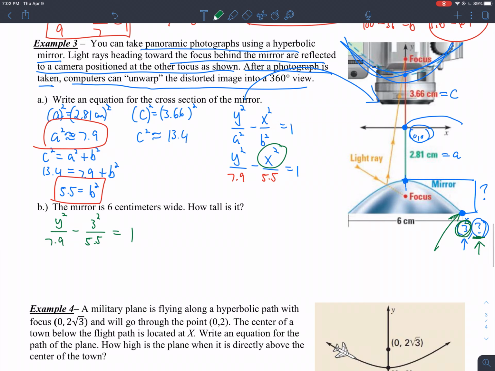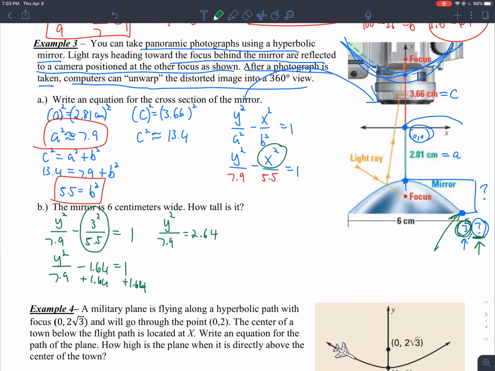So if I do this, I get y squared over 7.9 minus, if you do the math here, 9 over 5.55, you get 1.64 equals 1. And then just add this to both sides. So what you get then is y squared over 7.9 equals 2.64.